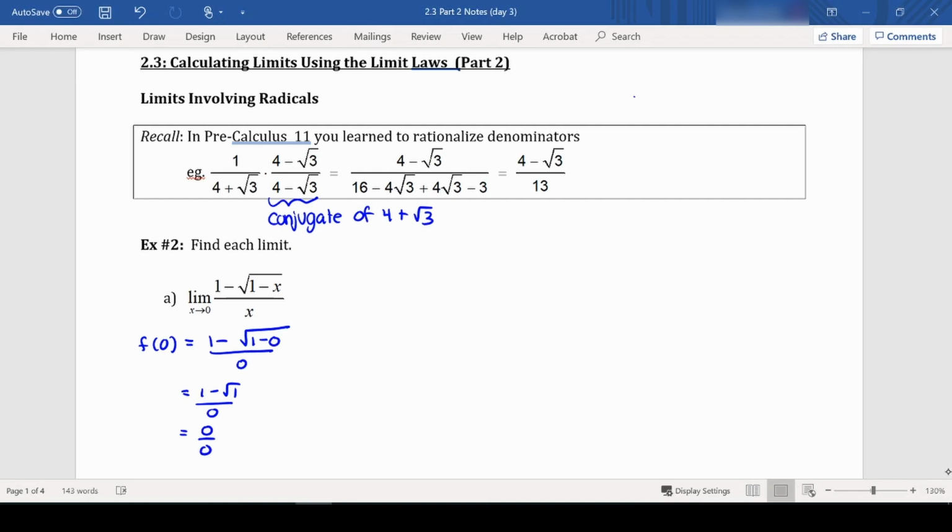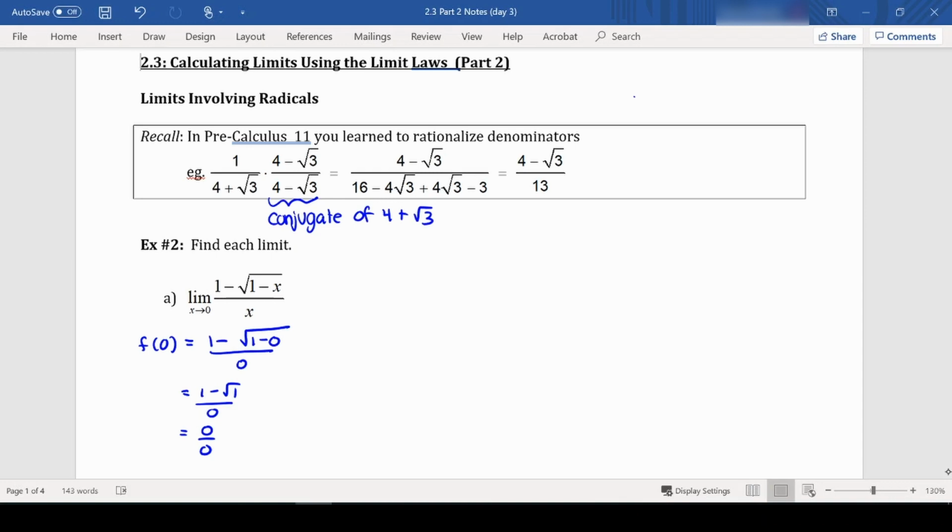From our rules last day, this tells me I should have a common factor, but I don't because we've got these radicals. So our new technique today will be to rationalize so that we no longer have this radical on the top where we end up with 0. We will be fixing this up a bit so that we can actually plug our x value in and figure out our limit.